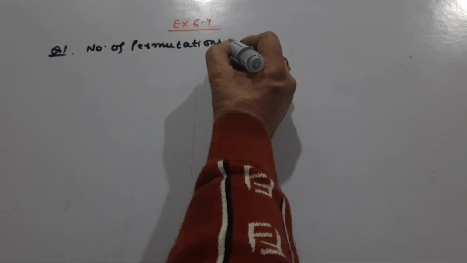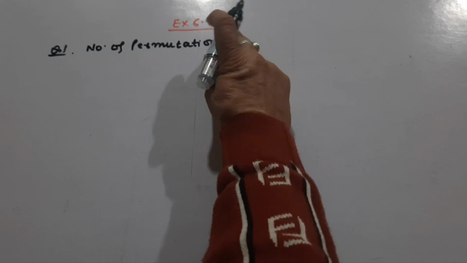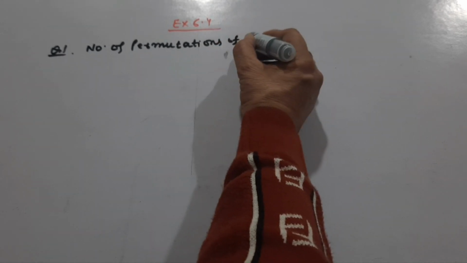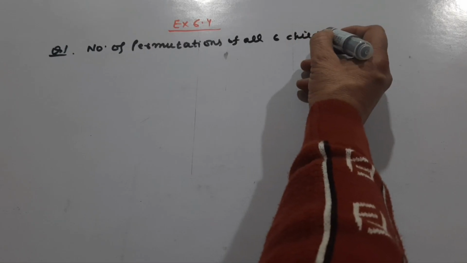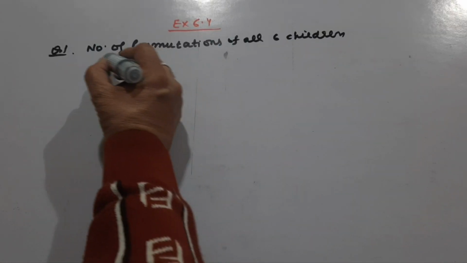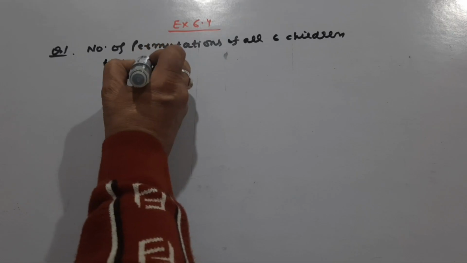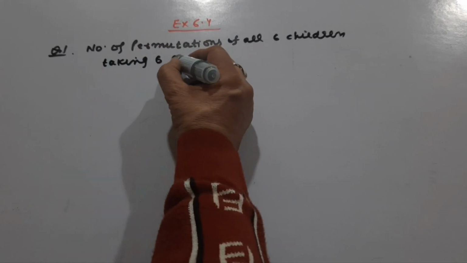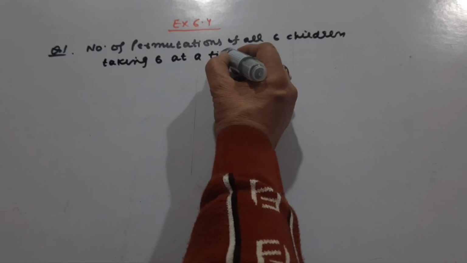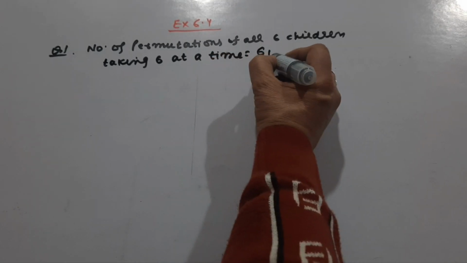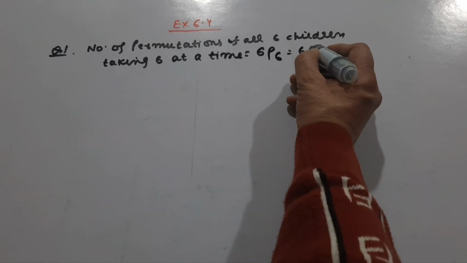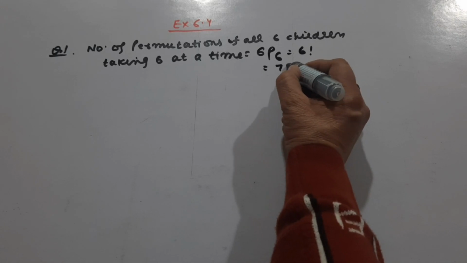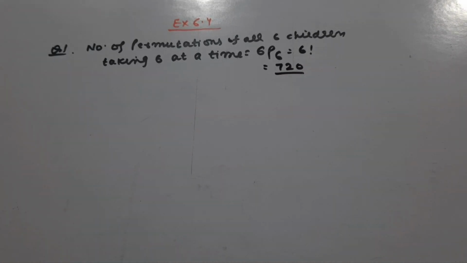Number of permutations of all 6 children taking 6 at a time is equal to 6P6, and this is equal to 6 factorial, and 6 factorial is equal to 720.